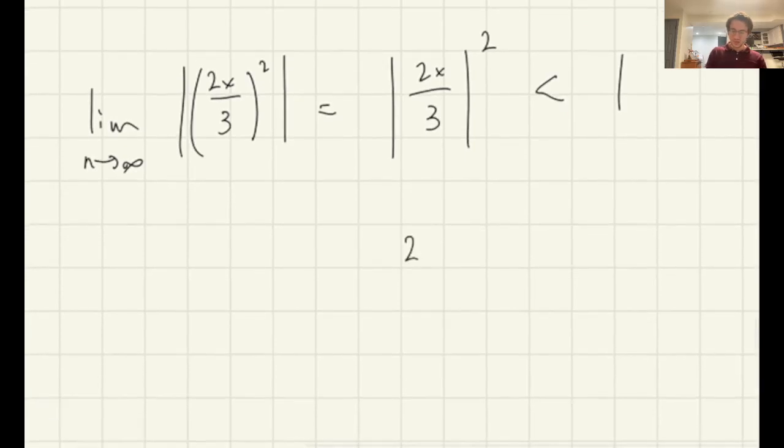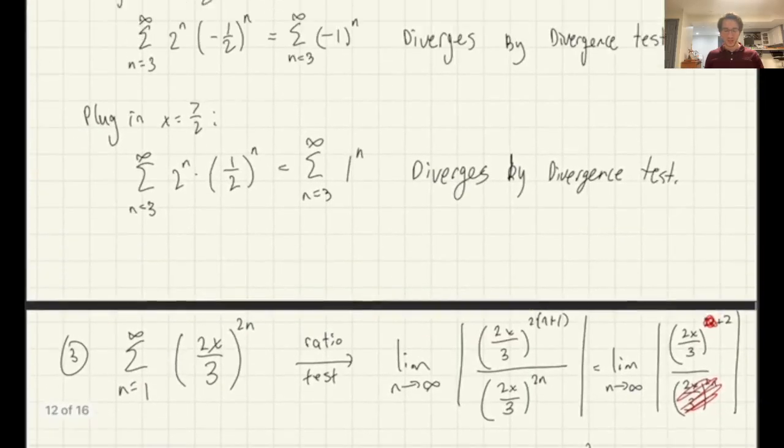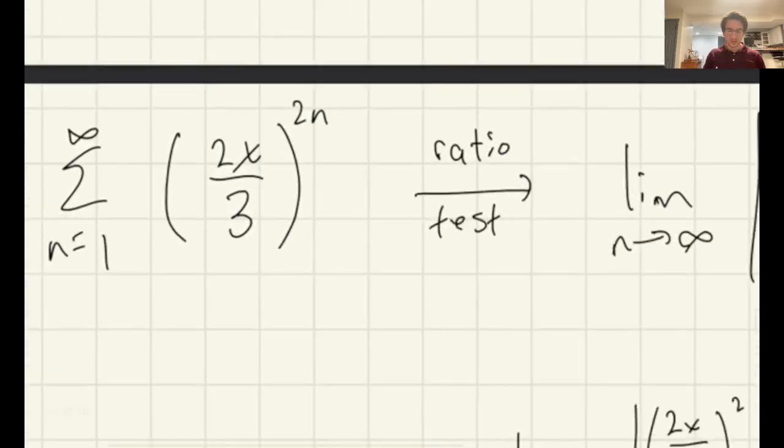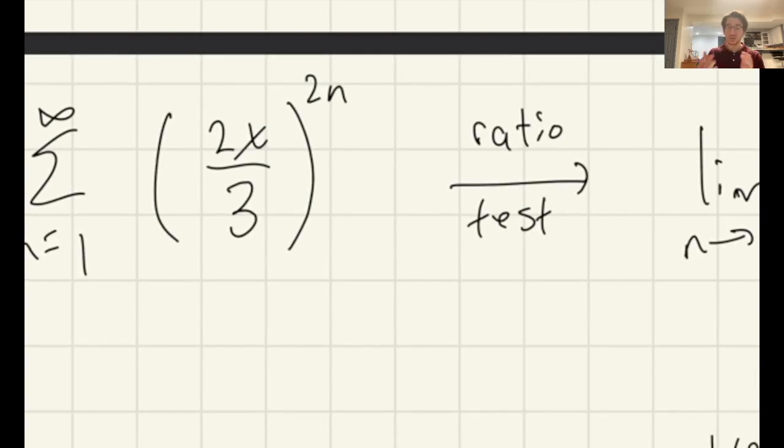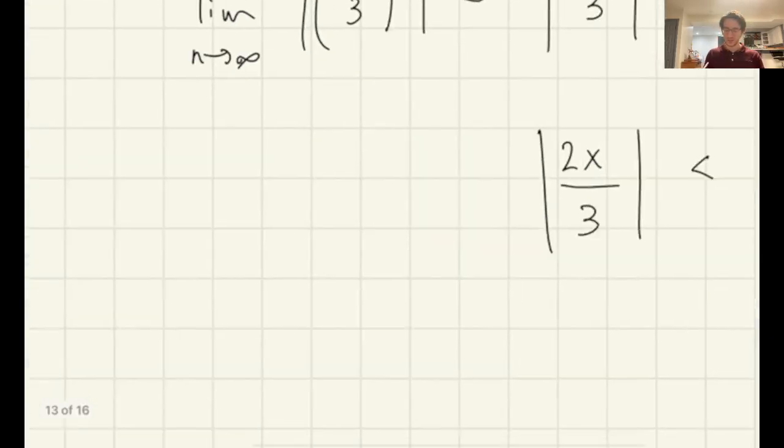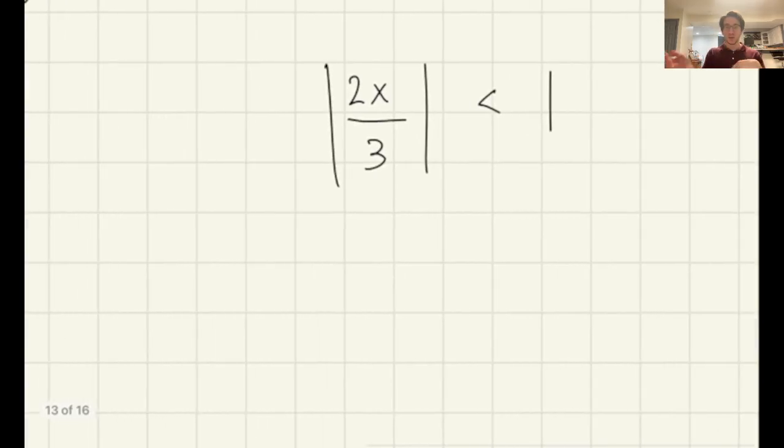We get that the absolute value of 2x over 3 is strictly less than 1. Oh, and by the way, something you want to take note of here is what is the center. The center is 0. So I do want to solve for absolute value of x minus 0. Now I'll multiply both sides by 3 over 2, and I get absolute value of x less than 3 over 2.